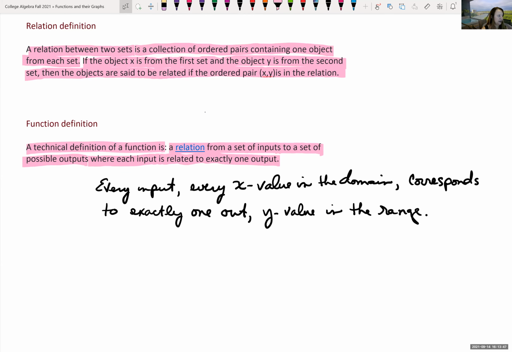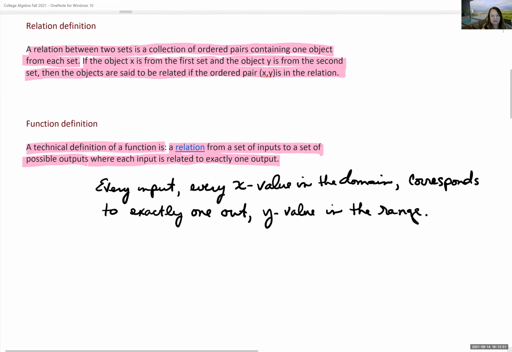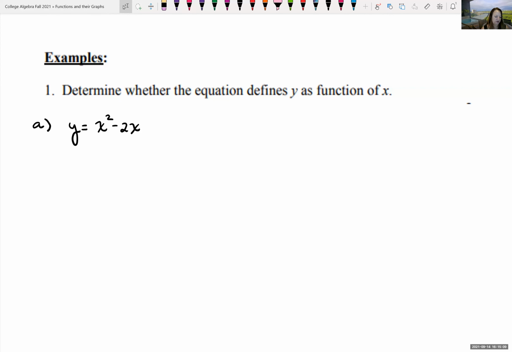So let's look at some examples and see if the following is a function or not. For our first example, we're going to determine whether the equation defines Y as a function of X. And we have Y is equal to X squared minus 2X.